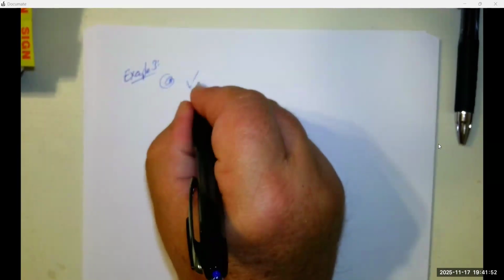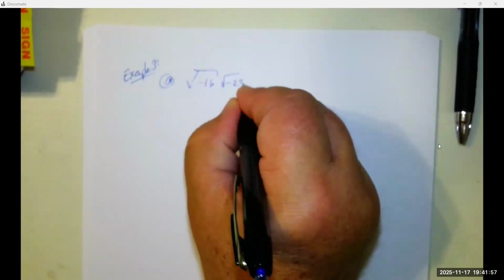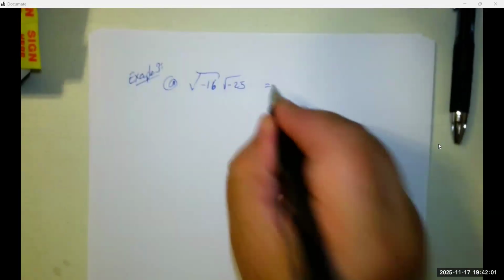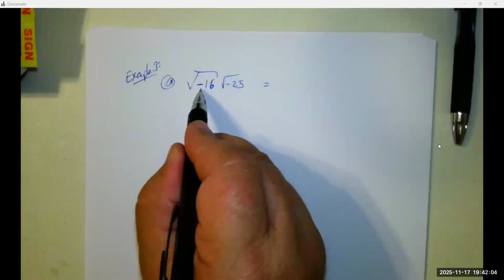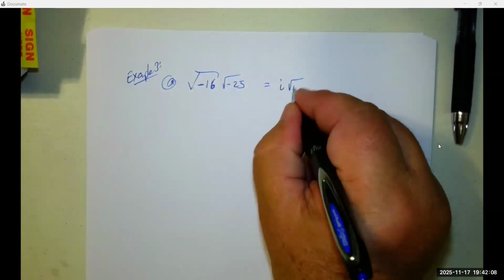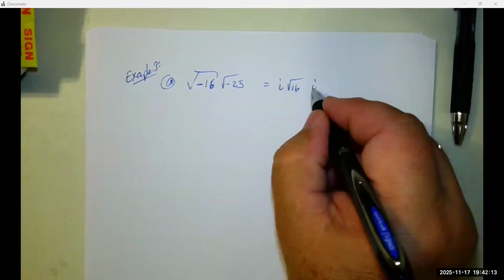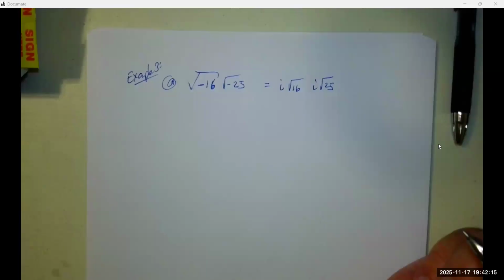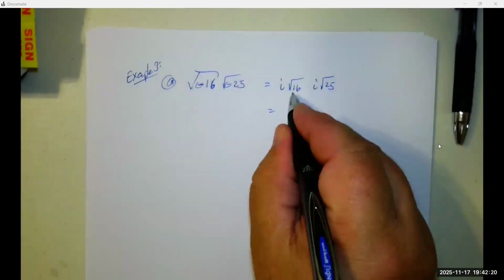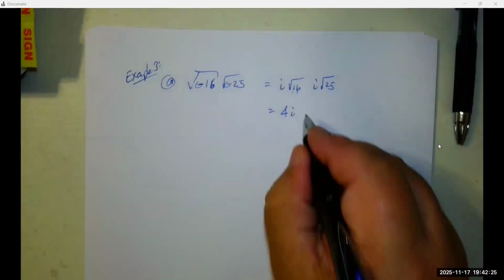A, square root of negative 16 times square root of negative 25. So here we have an i. There's a negative inside there, so it's an i square root of 16, i square root of 25. Get rid of the negatives. Square root of 16 is 4, so it's 4i.